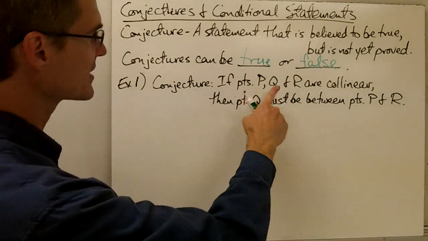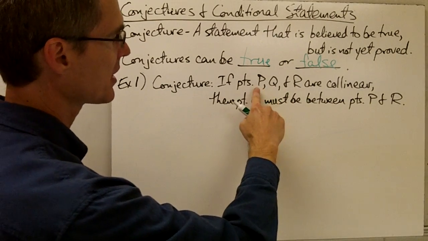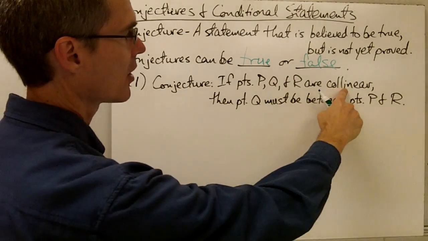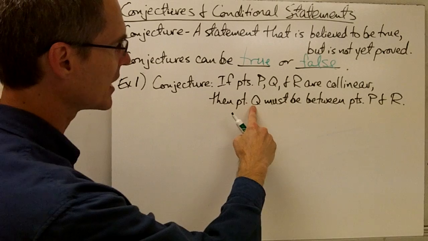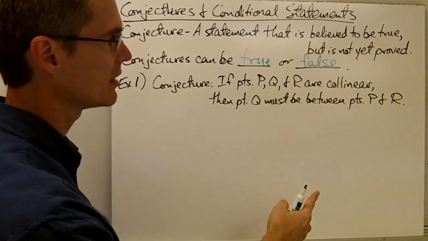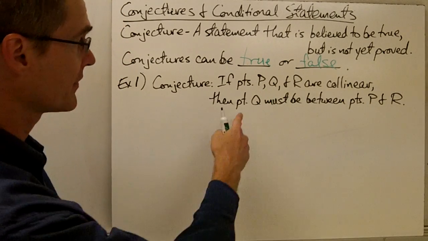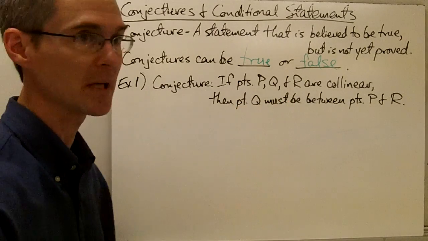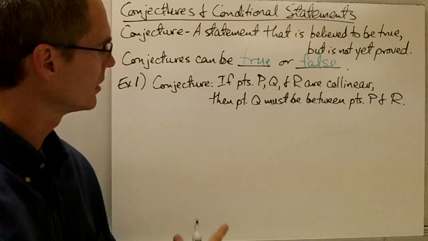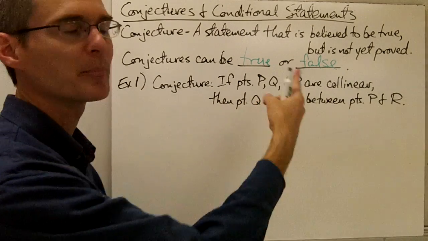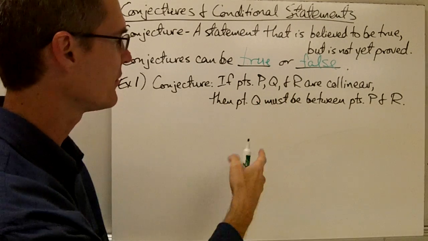Well, it's not too hard to see that just because these 3 points, P, Q, and R, are collinear, just because they're on the same line, that doesn't necessarily mean that Q has to be between points P and R. In fact, point P might be between Q and R. I can draw a picture that shows an example that proves this statement is false.